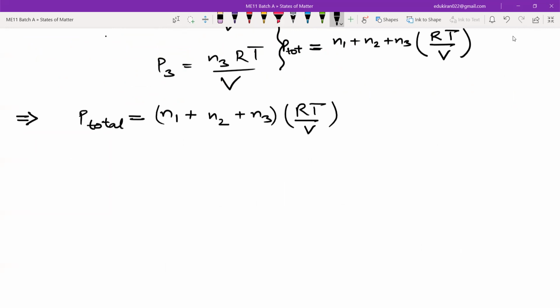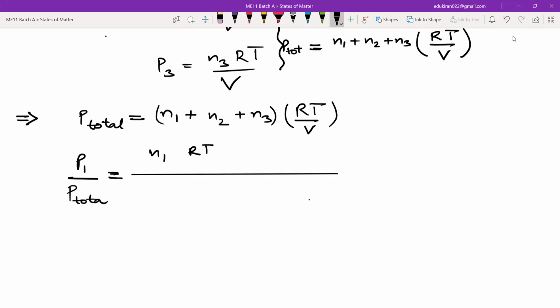Now let us see what P1 upon P total is. Can you tell me what P1 is? P1 is N1 RT upon V. So let me keep this in brackets, and in the denominator I can write N1 plus N2 plus N3 in brackets, and RT upon V. Correct?